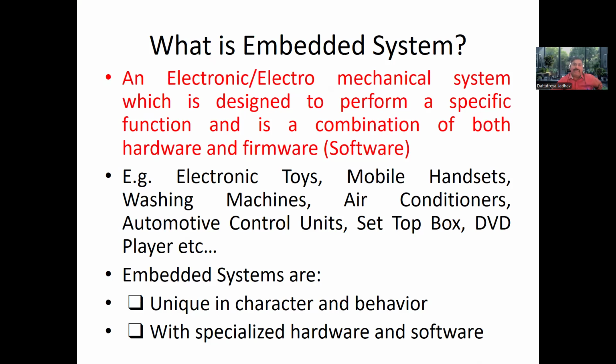Some examples are electronic toys, mobile handsets, washing machines, air conditioners, automotive control units, set top boxes, DVD players. So embedded systems are unique in character and behavior, with specialized hardware and software.